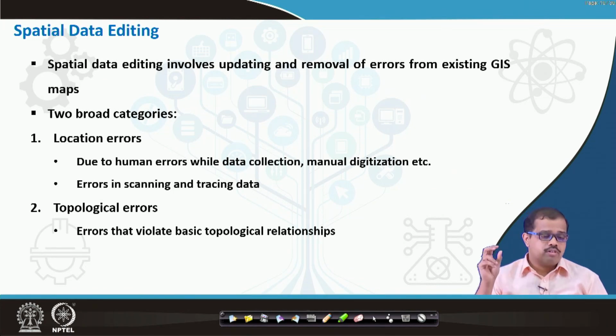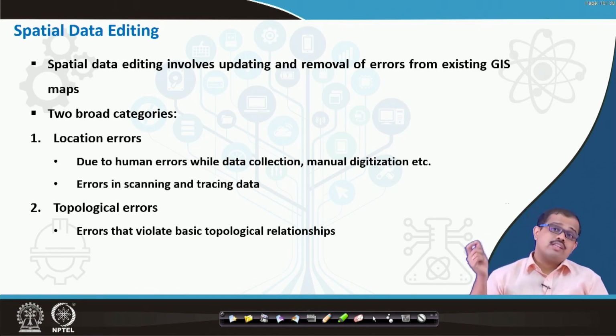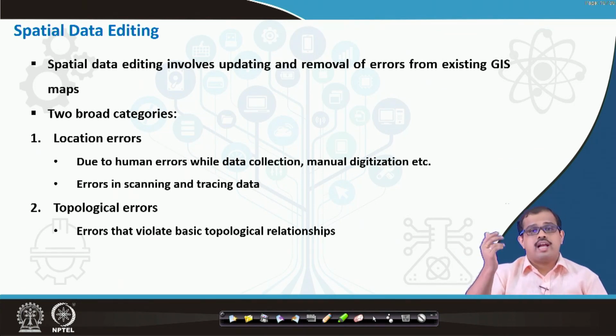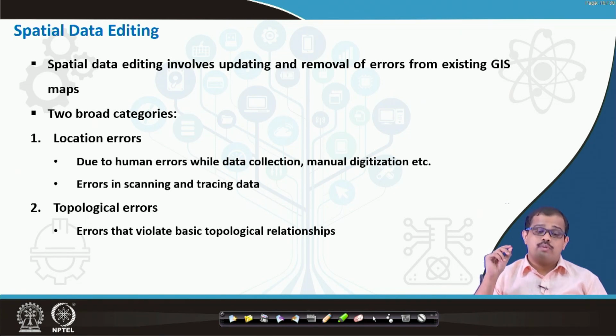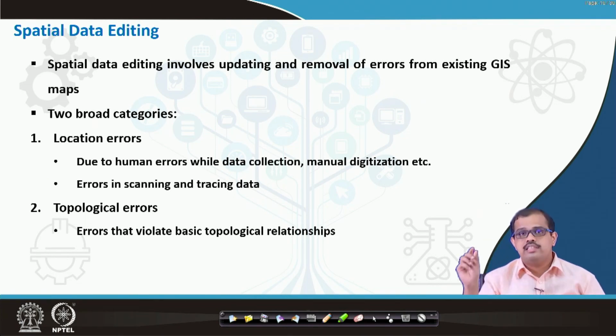But when you look at the locational errors, these are due to human errors while data collection, manual digitization, etc. And these are the errors which also can get in during data acquisition, maybe through scanning and tracing of the data, or digitization of the data. Whereas the topological errors are those which violate the topological relationship.